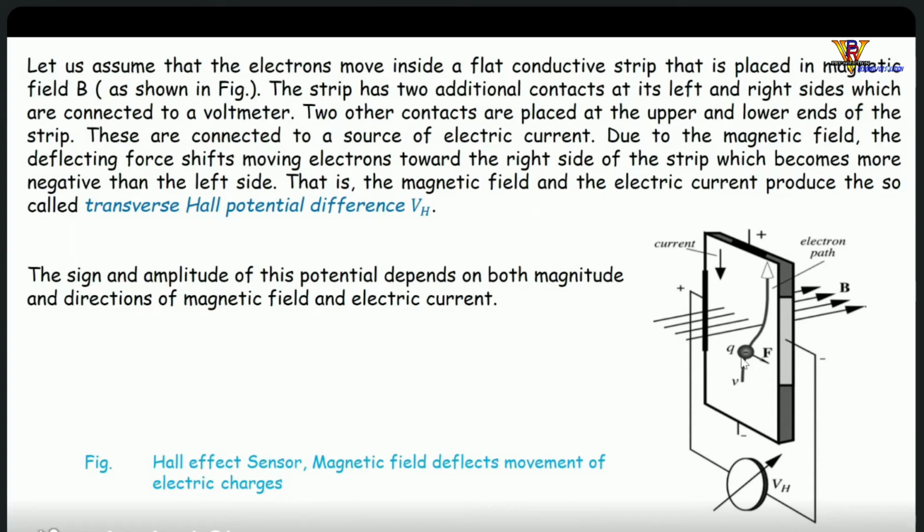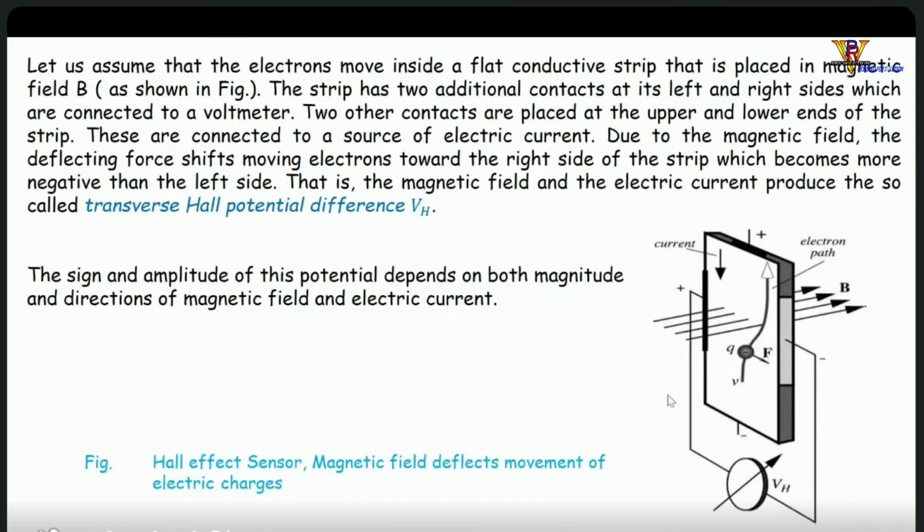When more electrons move toward this side, this plate may be assumed as more negatively charged and this one less, because the electrons get deflected towards this plate. So this becomes negatively charged and this becomes positively charged.